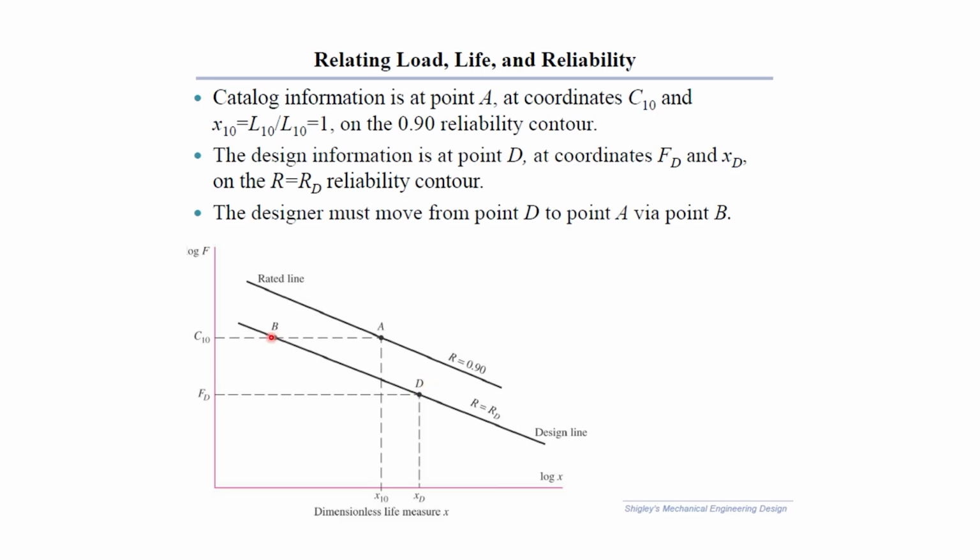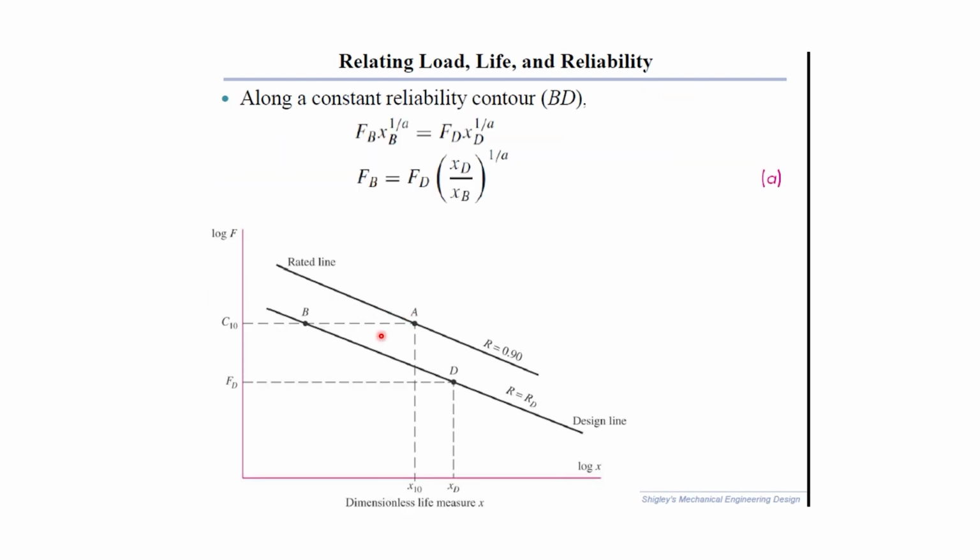So, D will be related to B, and force at B is equal to force at A, and therefore, from B we may come to A. Along a constant reliability contour BD, we have the relationship Fb Xb to the power 1 upon a is equal to Fd multiplied by Xd to the power 1 upon a, and so we get Fb, the force at B, is equal to Fd within the bracket Xd divided by Xb to the power 1 upon a.